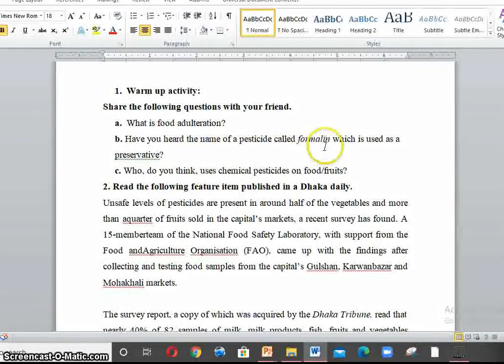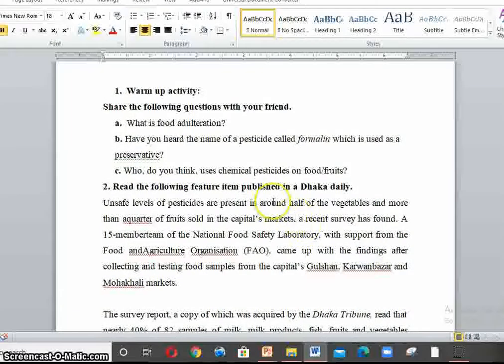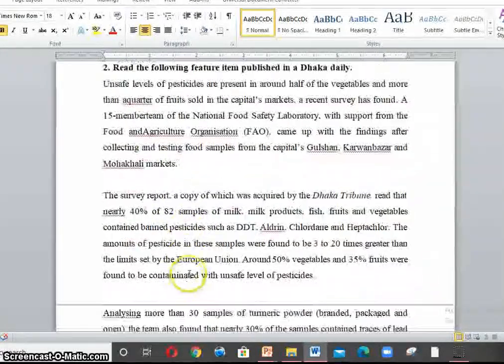We have heard the word formalin along with DDT, chlordane, heptachlor, and this formalin is used most in all types of foods nowadays. And who do you think uses chemicals? Yes, all people, those who have bad intentions and bitter minds, they are using all these banned chemical items in foods.